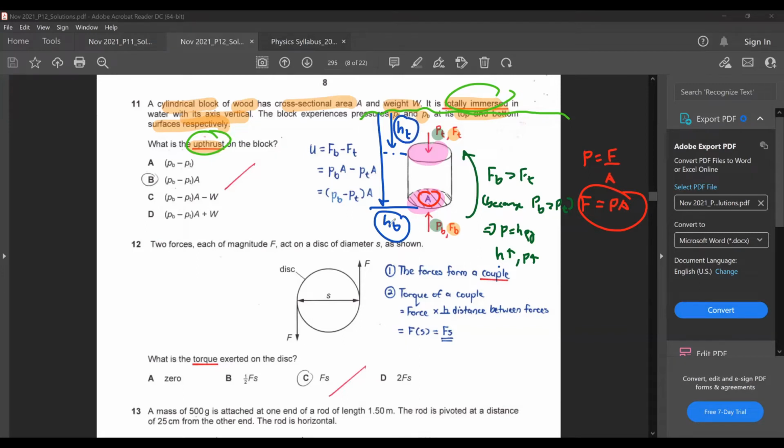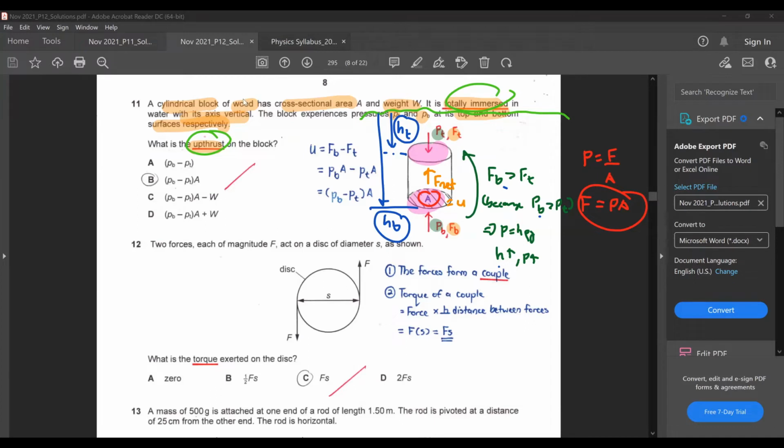The height is larger. Sorry, the depth is larger. So the pressure at the bottom is larger. So force at the bottom is larger. So there will be a difference in force between the bottom and the top surface, where bottom is larger than the top. This gives rise to your net force upwards, which is actually your upthrust. This is the origin of your upthrust.